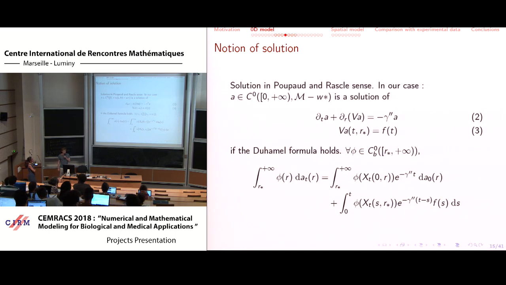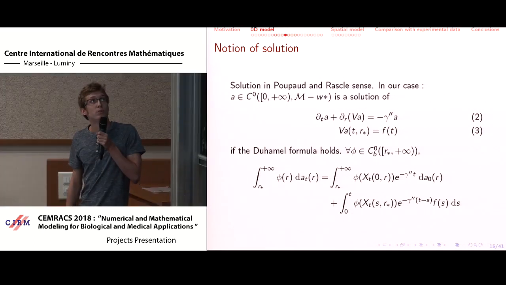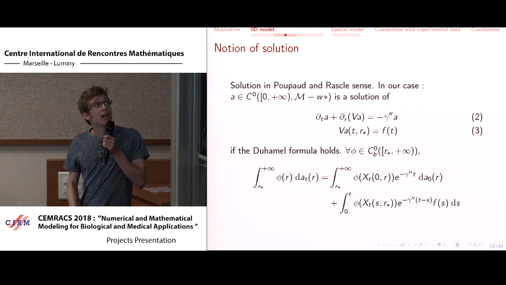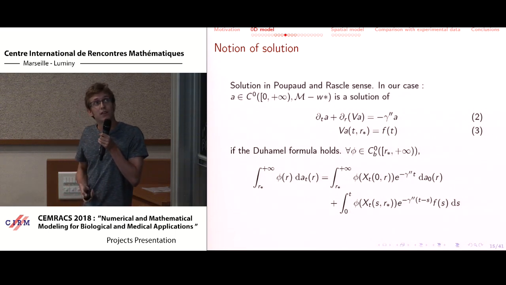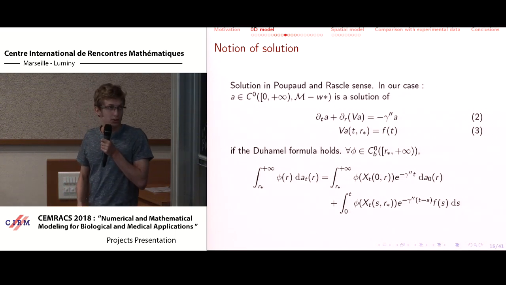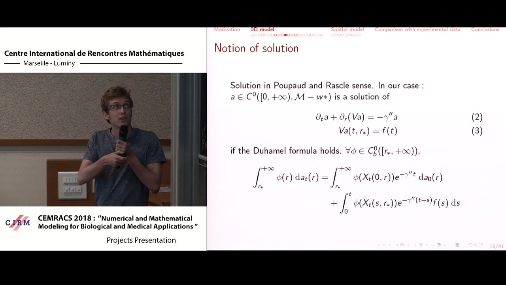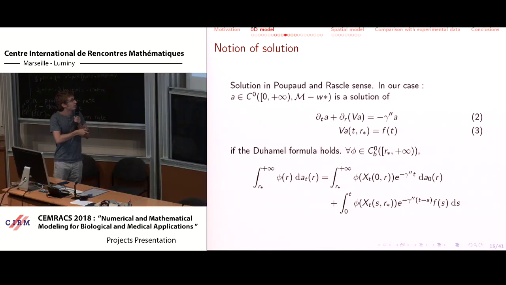Once we have the characteristics, we can define more precisely what we will call a solution in a Di Perna-Lions sense. And in our case, roughly speaking, a solution is something that verifies the Duhamel formula here.